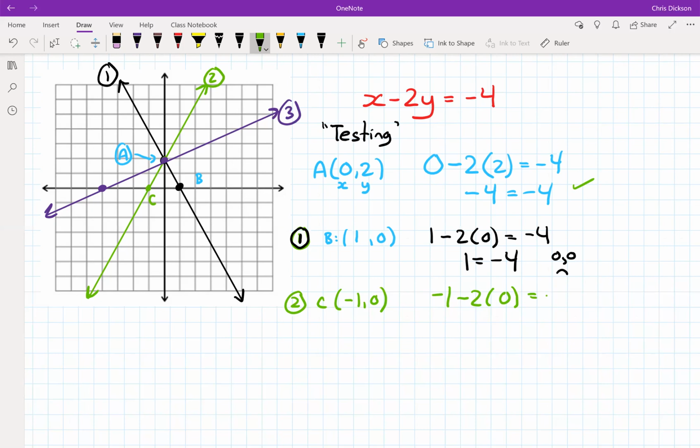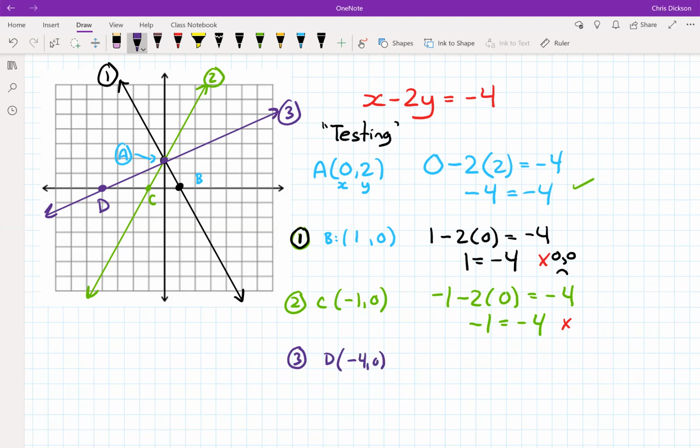Already not having a good feeling about this one. -1 equals -4. So once again, that is incorrect. And wouldn't you know it, I would always pick the last one to maybe be the one that's right. So this is point D here. Okay, so we're going to look at line 3, and we're going to look at point D. And point D is -4, comma 0.